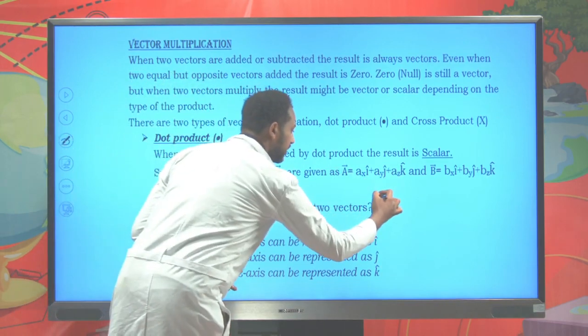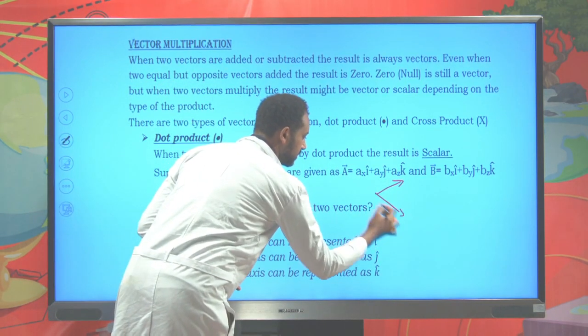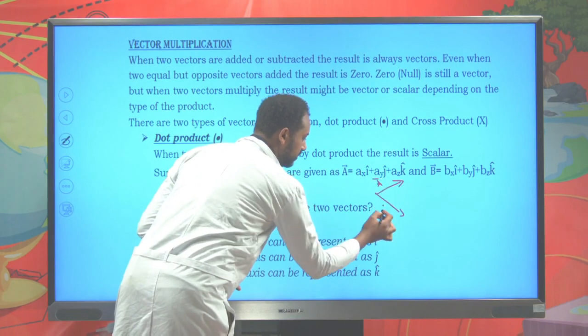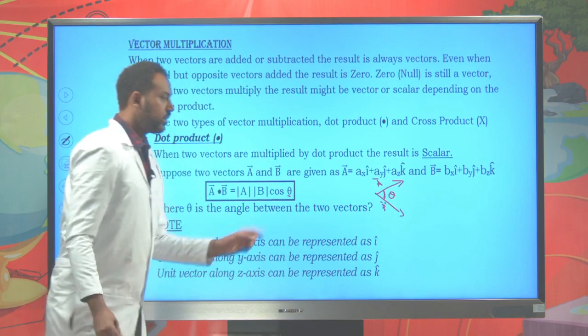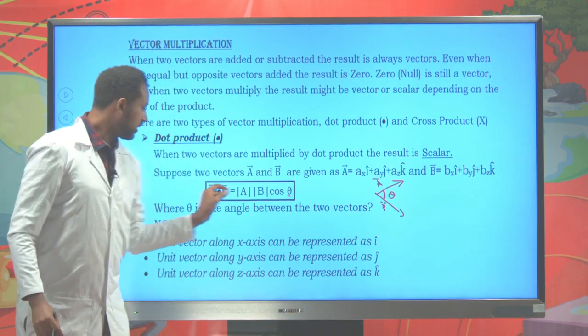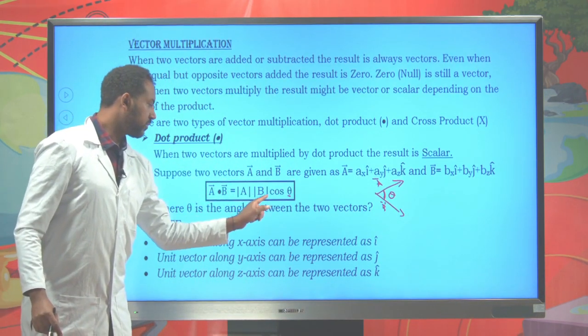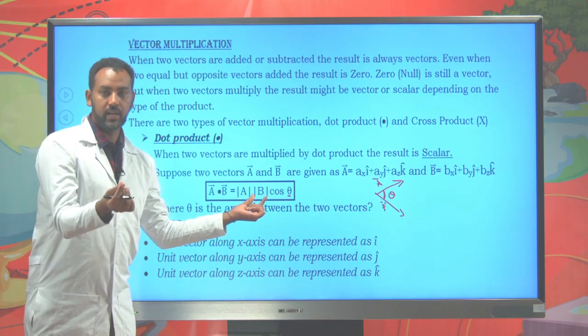These two vectors might be represented like this. This is vector A, and this might be vector B, and the angle between them is theta. Therefore, the dot product of these two vectors gives you the magnitude of A, magnitude of B, cosine of theta, and this is a scalar product.